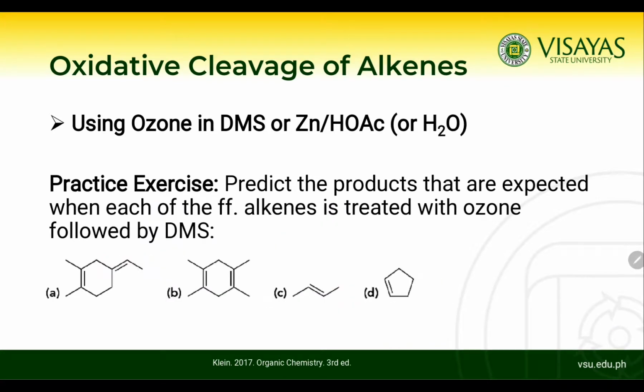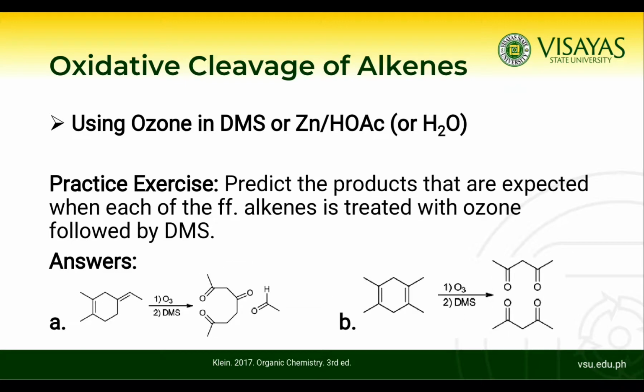Okay, predict the products that are expected with each of the following alkenes treated with ozone followed by DMS. So, this is still oxidative cleavage. What we do is break it into two and then we add oxygen to that. So, for this here, we have this product. And then, for the second one. Okay?